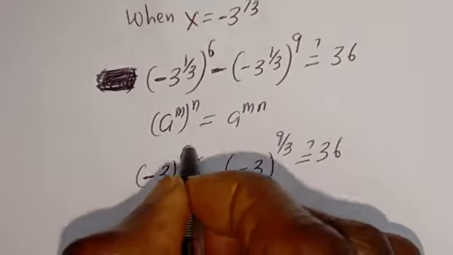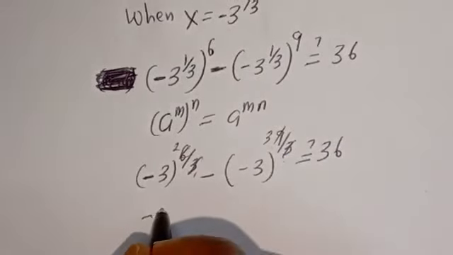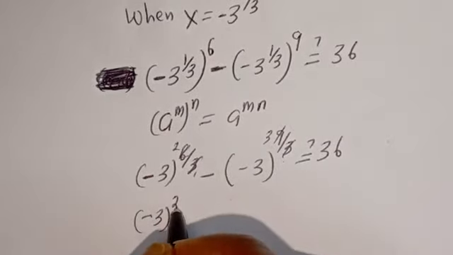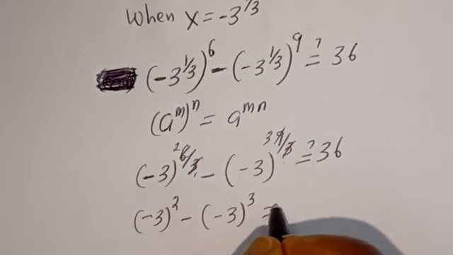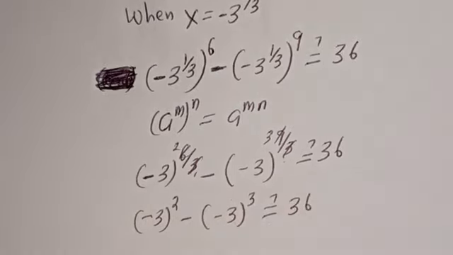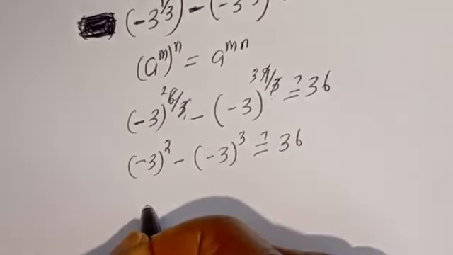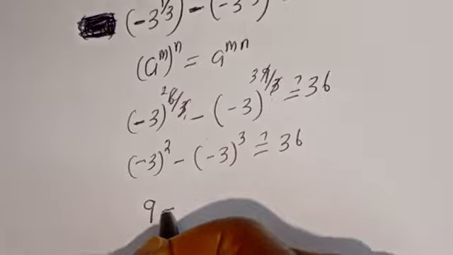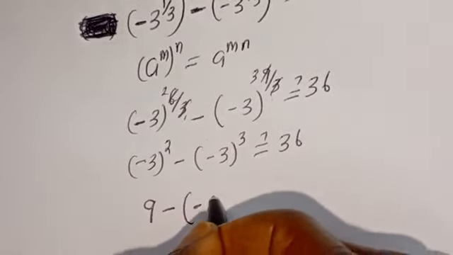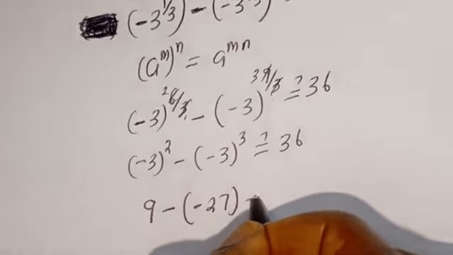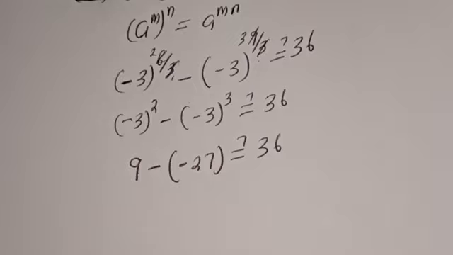Then 3 here 1, 3 here 3. Here is minus 3 to the power of 2 minus bracket minus 3 to the power of 3 must be equal to 36. Here, minus 3 square is 9, minus bracket minus 3 to the power of 3, this is minus 27, must be equal to 36.